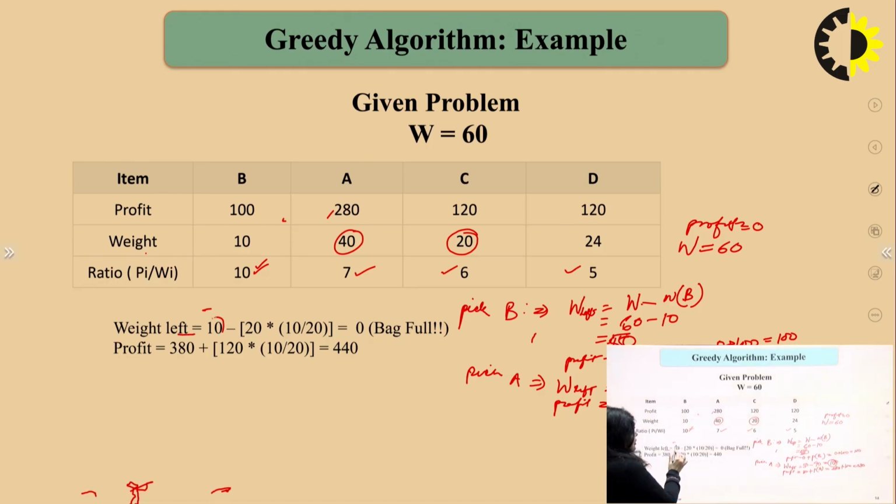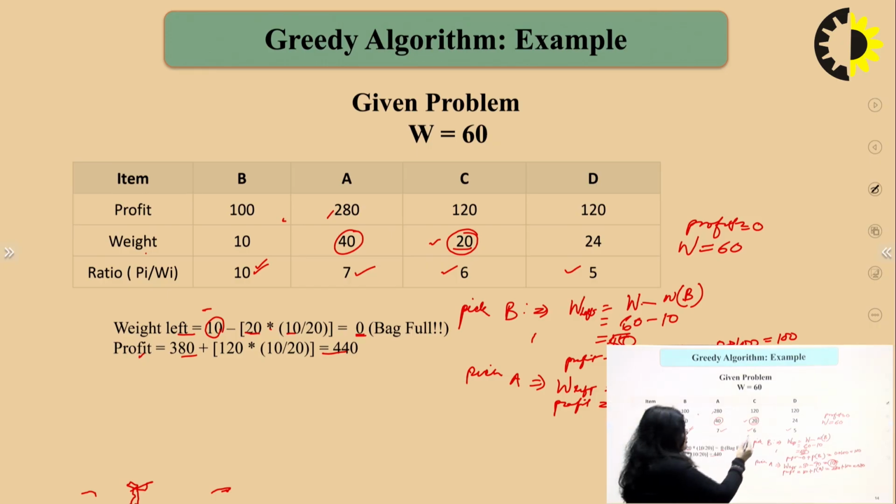So here, this is the current capacity possible with the knapsack, and 20 is the weight of this object, and we need to find the ratio 10 by 20. I need to take 10 kg out of this 20 kg because only 10 kg capacity is left for the knapsack right now, and that way my bag will become completely full, and the profit value will increase from 380 to 440.